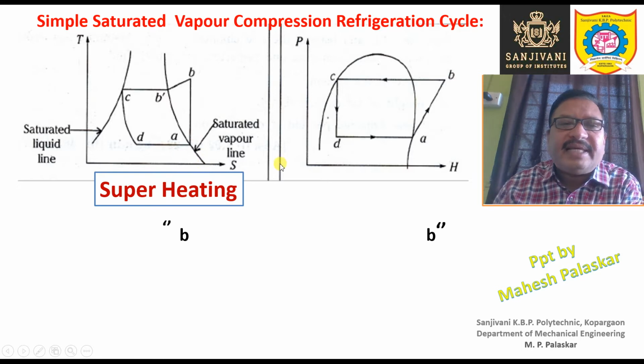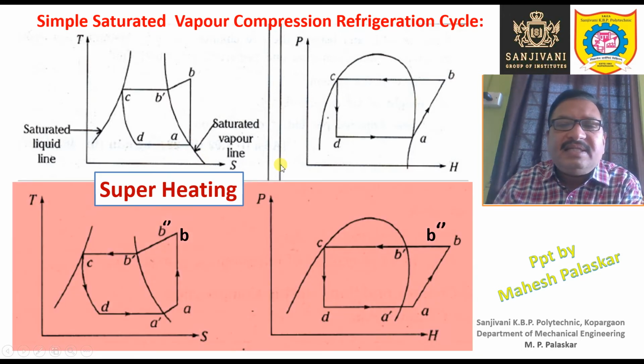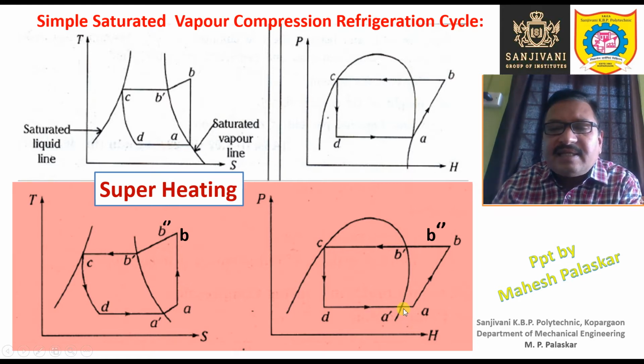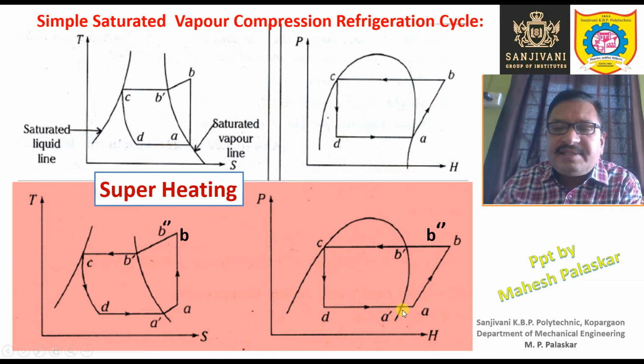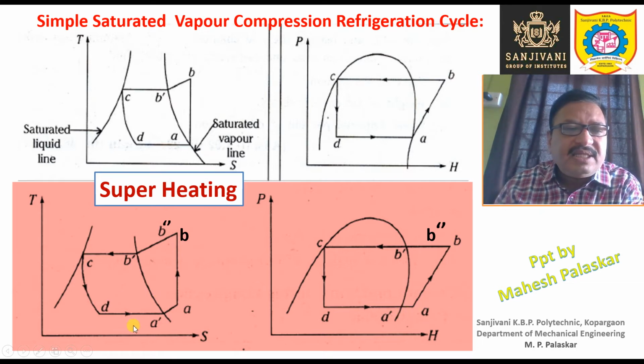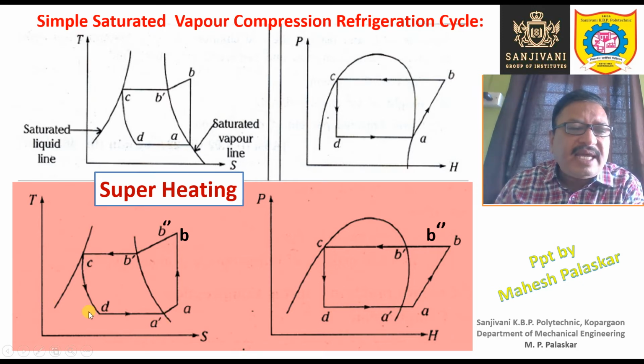What is superheating cycle? So what change is there in the superheating cycle? In case of superheating, what is done is that the temperature of the refrigerant which is leaving the evaporator before entering the compressor is increased. So here you can see on the TS diagram, instead of the temperature equal to TA dash, the temperature will be TA.